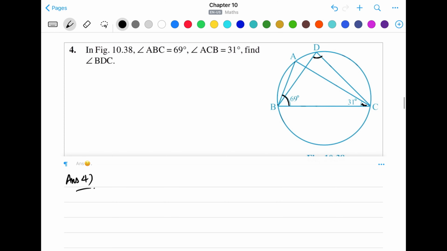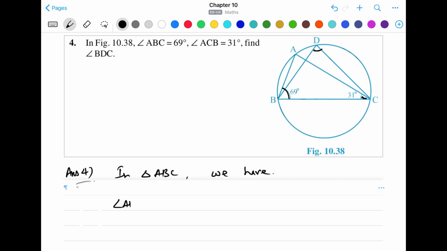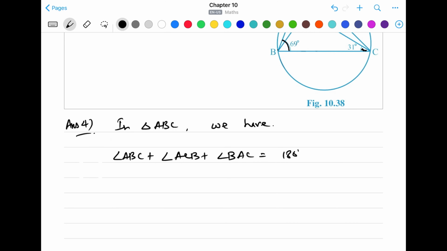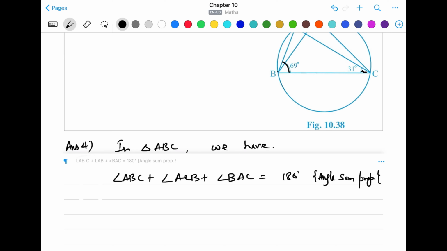Number 4. So we'll write, in triangle ABC we can apply the angle sum property, that is, angle ABC plus angle ACB plus angle BAC will be equal to 180 degree. This is the angle sum property of a triangle.